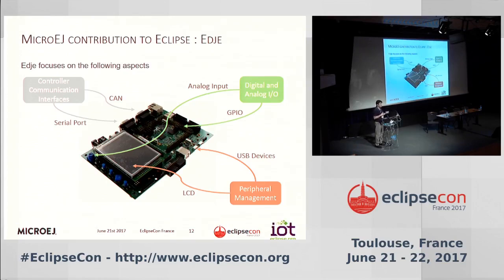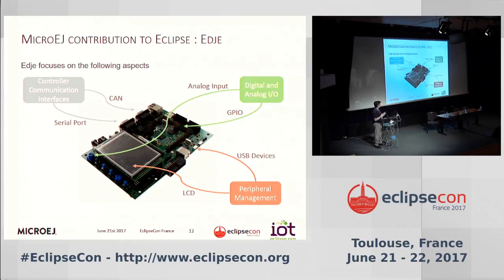We're looking for an implementation of this on a Raspberry Pi 2, because we know that many people have Raspberry Pis and they don't necessarily have microcontrollers handy, but for the moment it's only available on top of MicroEJ. And what we deal with in the Eclipse Edge project is APIs for communication, because for a constrained device it's mostly about communication.